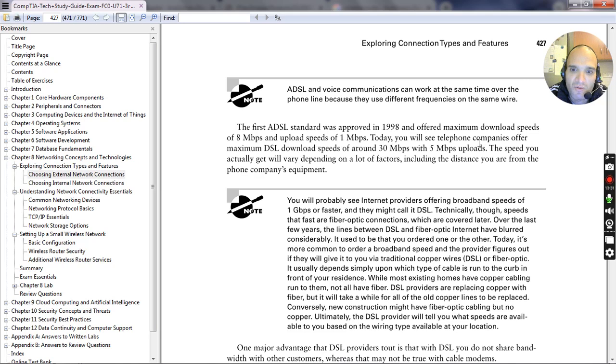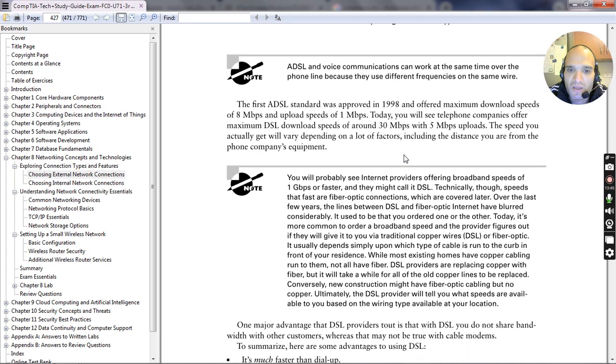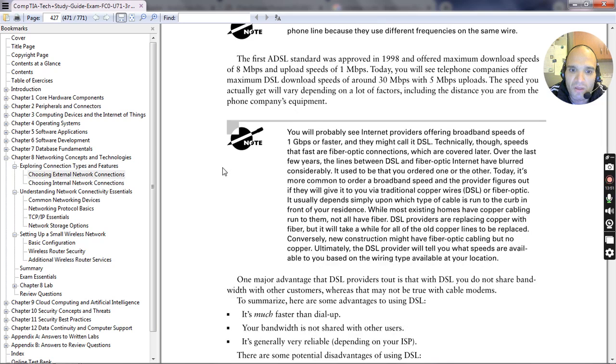Today we will see telephone companies offer maximum DSL download speeds of around 30 megabps with 5 megabps uploads. The speed you actually get will vary depending on a lot of factors, including the distance you are from the phone company's equipment.